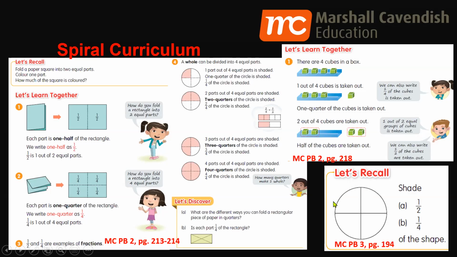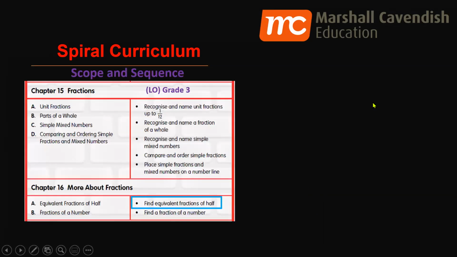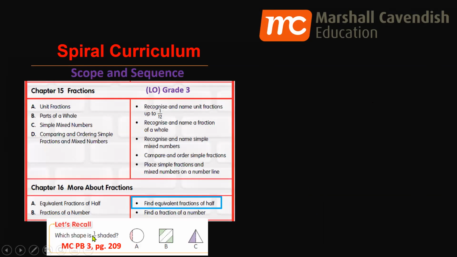So the children would need to know that there are 2 equal parts, although it's broken into 4. Okay, this is a prior knowledge that is being tapped on at grade 3. And this is actually done in grade 2. So at grade 3, we're now finding equivalent fractions. So they start recalling, for example, which shapes are half shaded.